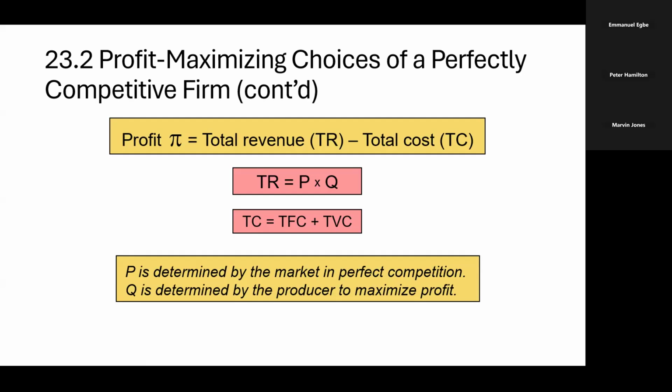For the competitive firm, P is determined by the market, but Q is determined by the producer. So the producer feels like producing and giving it away, too bad. But the competitive firm is a price taker, and so we're going to analyze what happens in the marketplace.